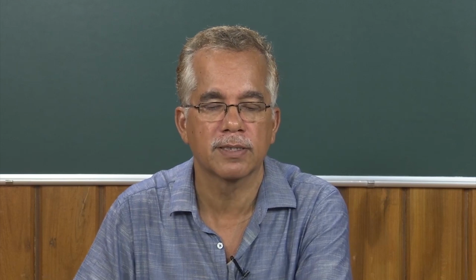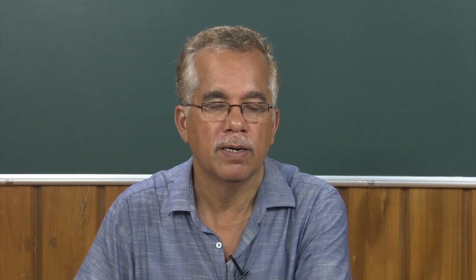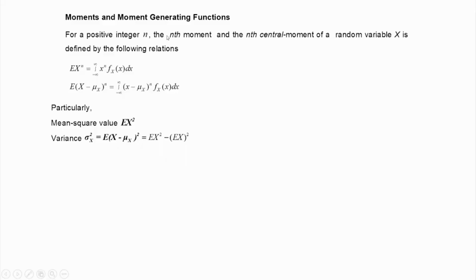First of all, we will define moment for a positive integer n. The nth order moment is defined as E of x to the power n. This is given by integration from minus infinity to plus infinity x to the power n fx of x dx. This is the nth order moment.